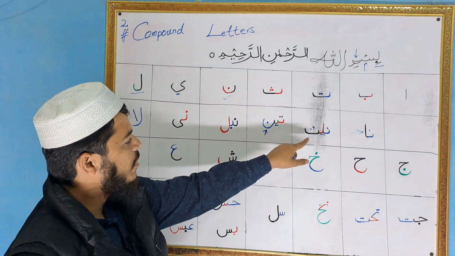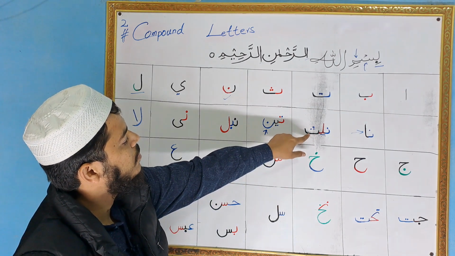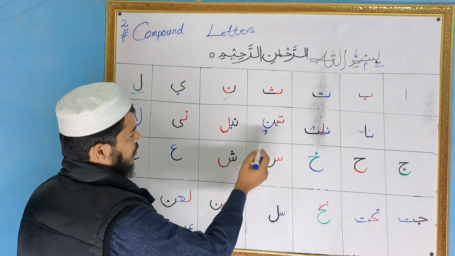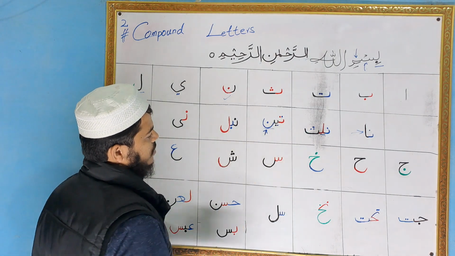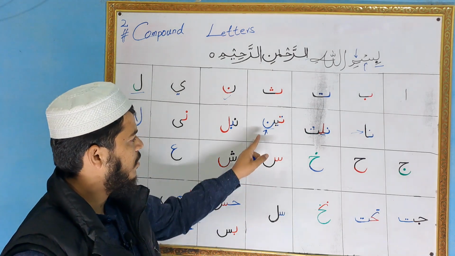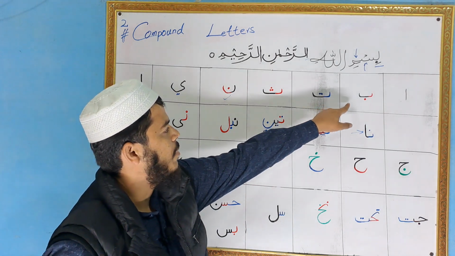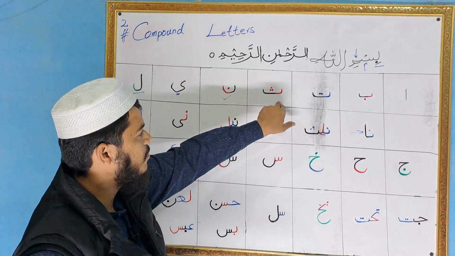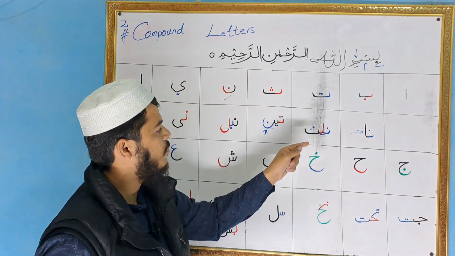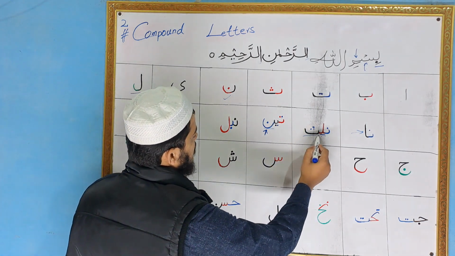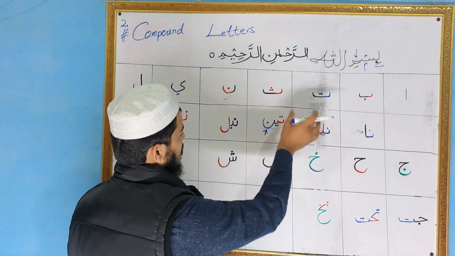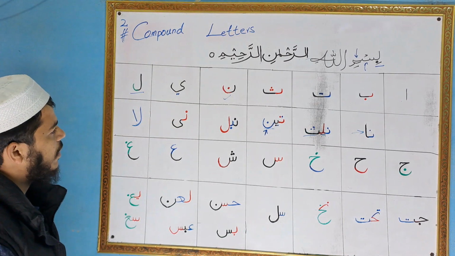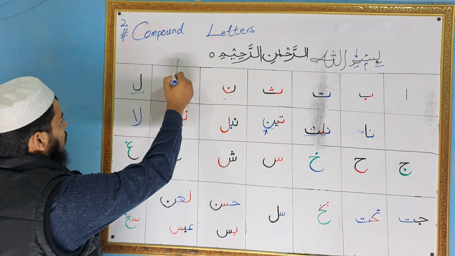But we cannot convert this letter into noon, because noon, when it comes at the end, it will come in its original form, this form. So basically ba, ta, sa, these three have the same shape, just the difference in dots. So we can convert this last letter into any shape between these three.